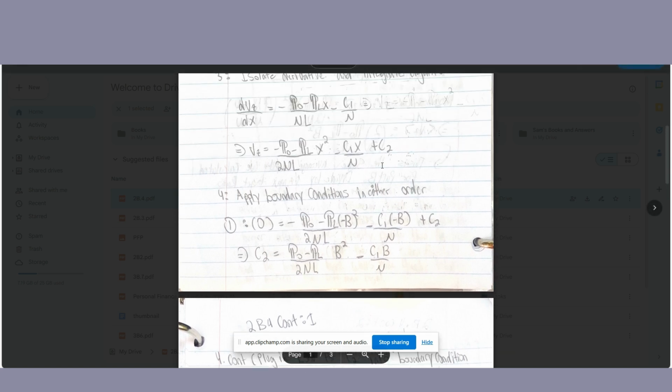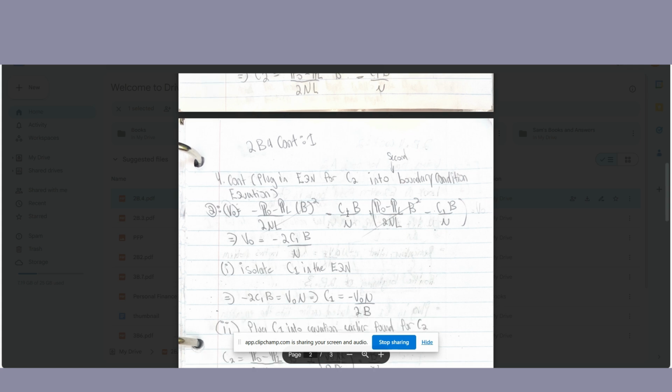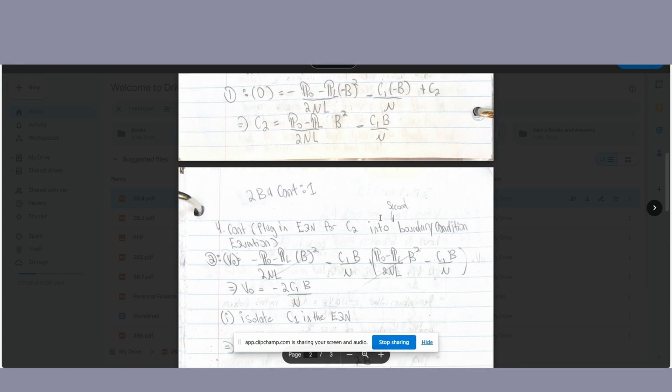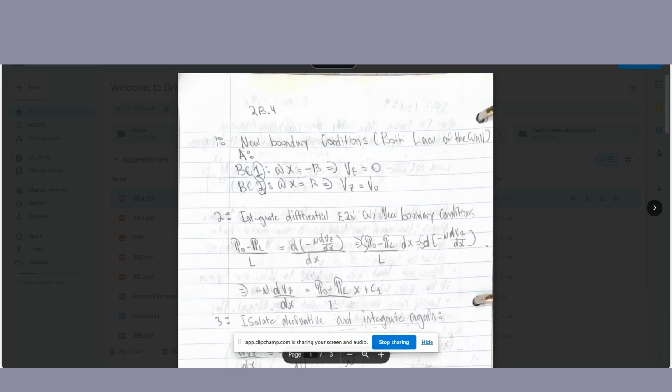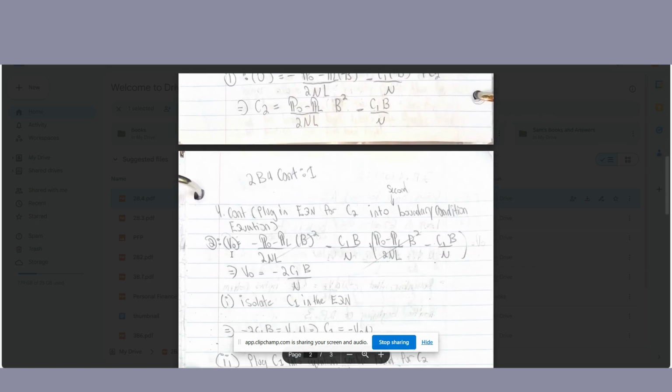Our only unknown will be c1 when we plug in the second boundary condition. So here's this definition of c2, and we're just plugging it in here. So we only have one unknown, which is c1. And here's the positive b squared again from the boundary condition at x equals b: positive b, vz equals v0.